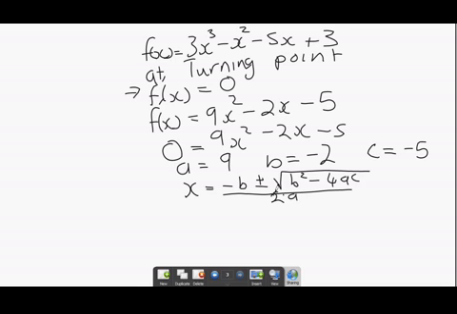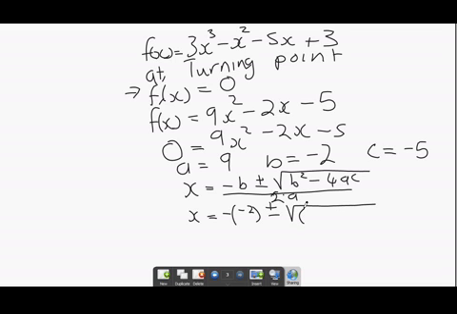Now I substitute, and when I substitute, I use brackets. Don't forget to use brackets. So it's minus, then where there is b, I put a bracket. My b is minus 2, so I put minus 2. Then plus or minus the square root.